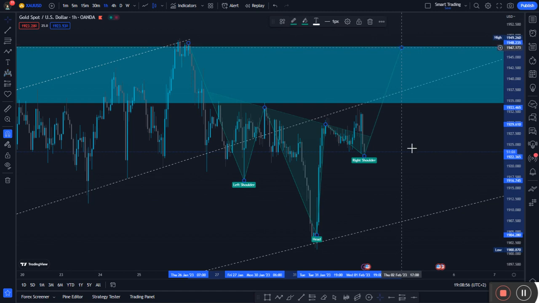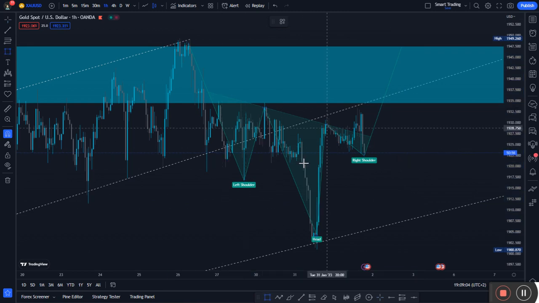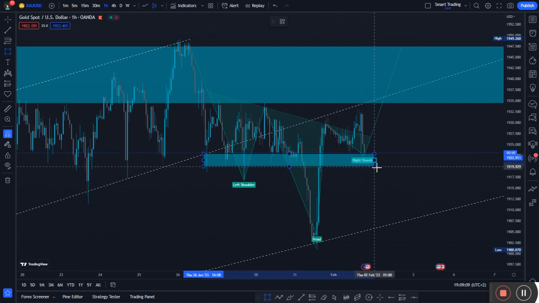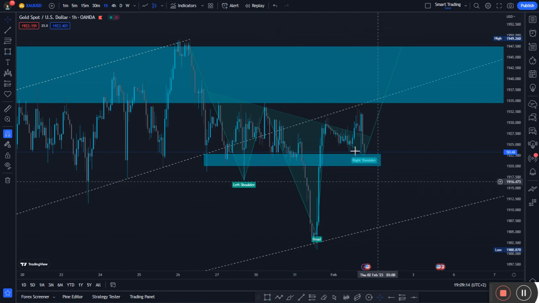Remember, that's what I was talking about: we have a zone, a neckline. If the price doesn't break this zone, then we are looking for it to shoot to the upside. But if it breaks it, then it confirms a sell.